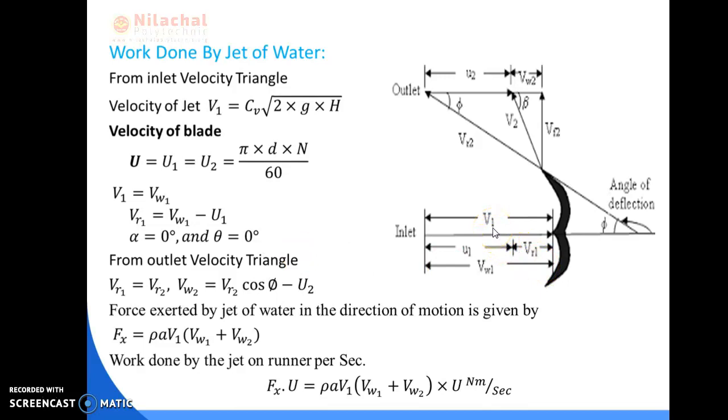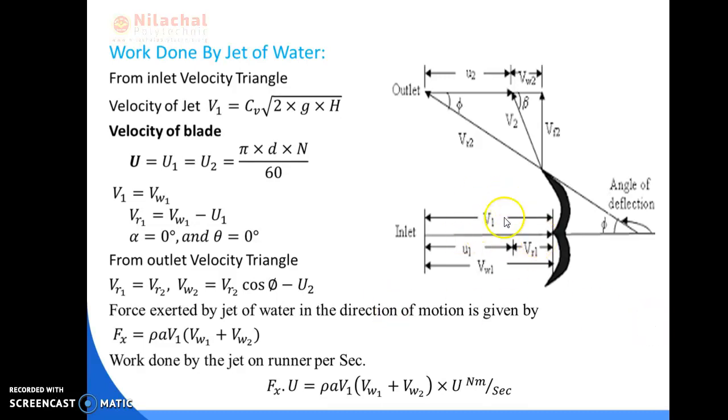The V1 jet is along the horizontal direction. While it is moving at an angle, we have already studied that it has two types of components: one is the horizontal component, another is your vertical component. The horizontal component is Vw1 or Vw2 at inlet and outlet.